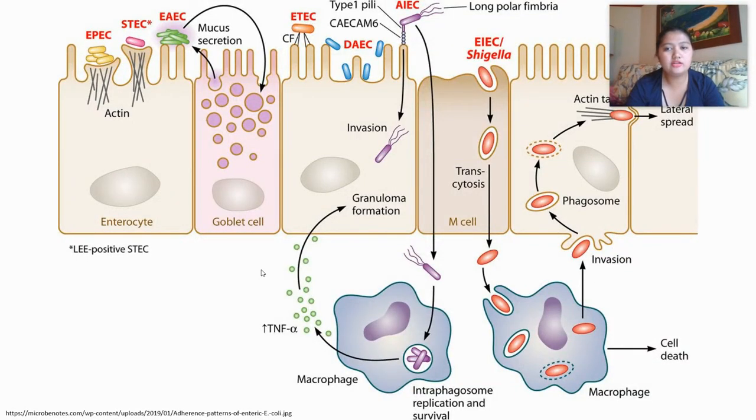So here's a summary diagram of what they all do and how they all infect. I'm going to talk about them one by one so that the diagram is not too intimidating for you. But this is kind of all of them all together. When you see these abbreviations right here, those are the E. coli pathotypes.